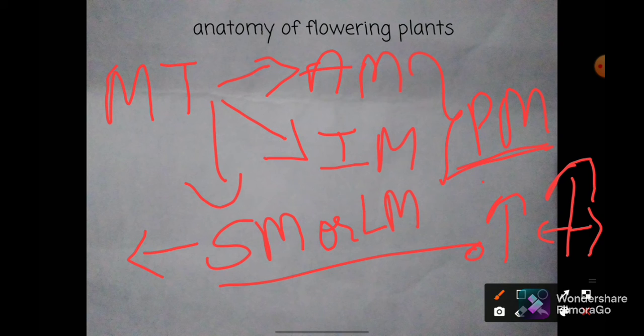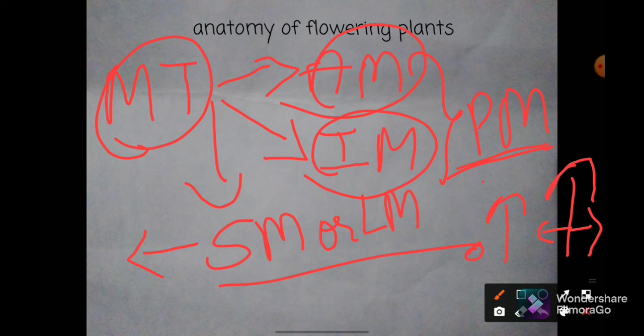Next, now we come to know that this is meristematic tissue, which is divided into apical meristematic tissue, intercalary meristematic tissue, and also the lateral or secondary meristem. These meristematic tissues just keep on dividing.